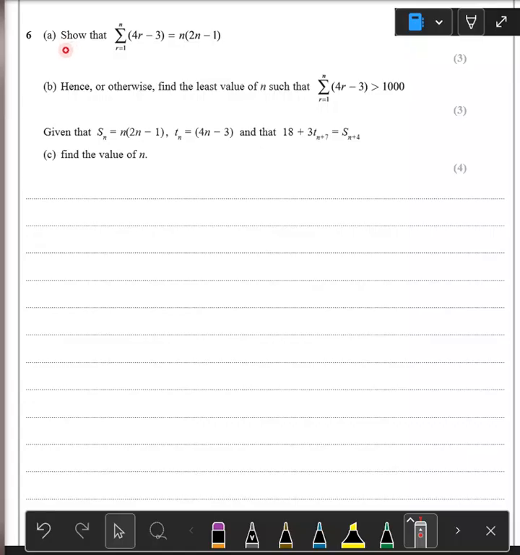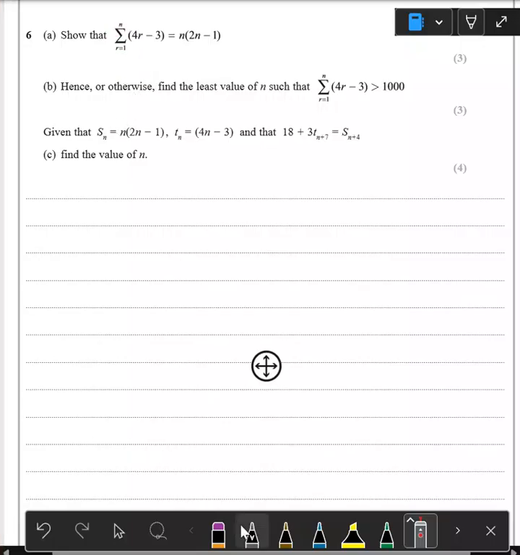Question A begins by saying: show that the sigma notation of 4r minus 3 is equal to n(2n minus 1). The sigma notation actually means the summation of all the terms from the first term to the nth term.